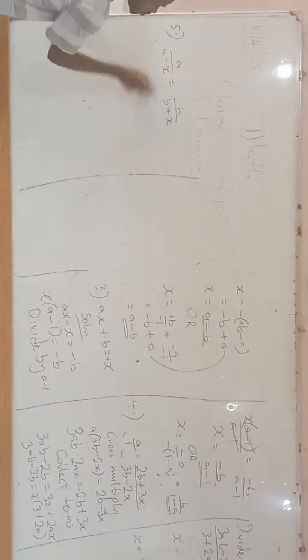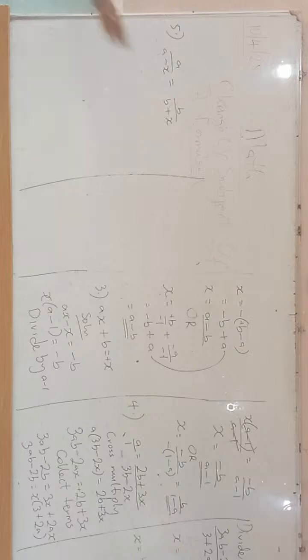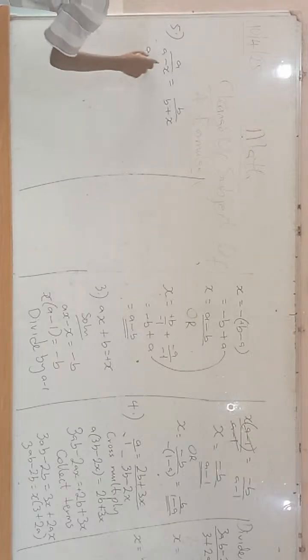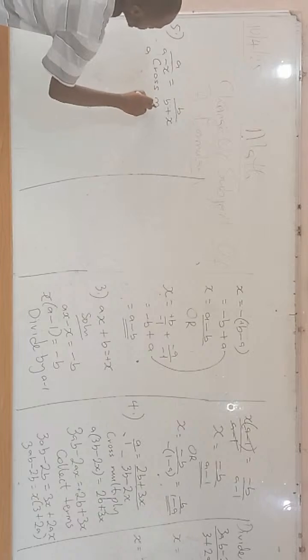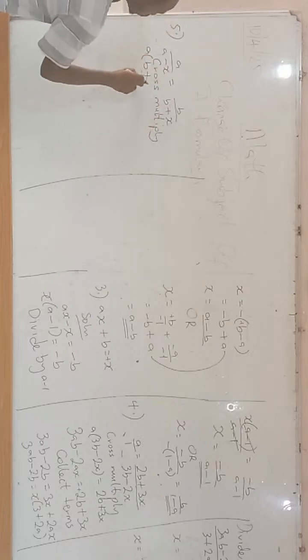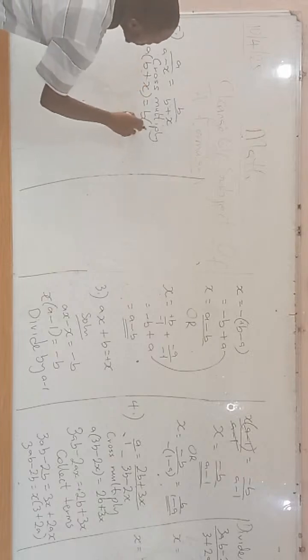But cross multiplying is straightforward. The reason is, if the fractions on both sides are single fractions, you know what I mean by single fractions? Numerator, denominator, just one and one. So let's go ahead and cross multiply, and that gives you a times b plus x is equal to b times a minus x.